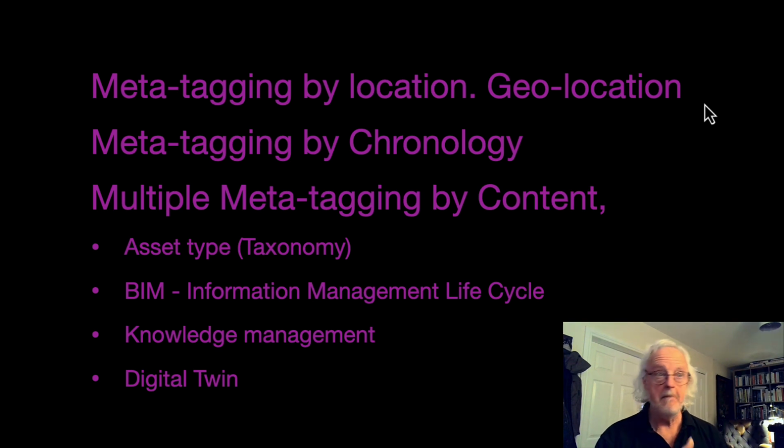whether that's in BIM and the whole information management lifecycle of a building, whether it's in knowledge management in an organization, or whether it's simply like a part of a contribution to a digital twin, because a digital twin really is a way of anticipating and interacting with a digital version of what is real.